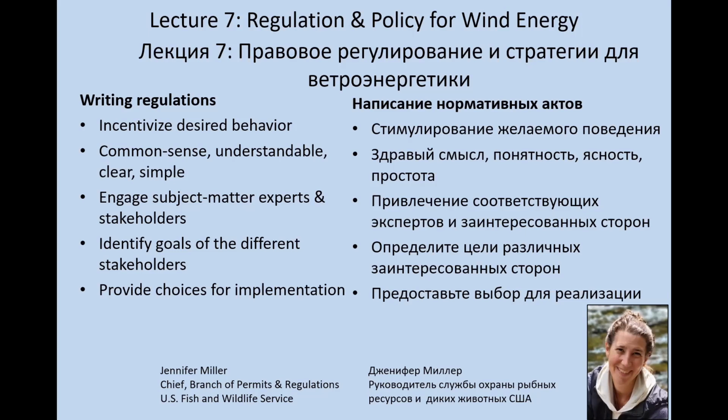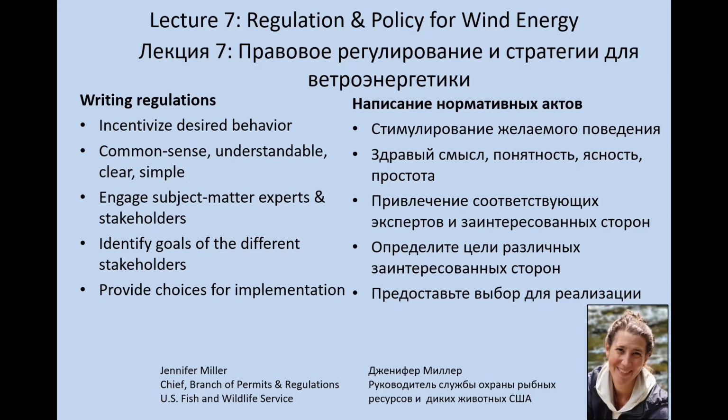Regulations are effective when the people who make these regulations engage with experts and stakeholders and are able to identify goals for those different stakeholders, especially. And regulations work best when there are multiple options.